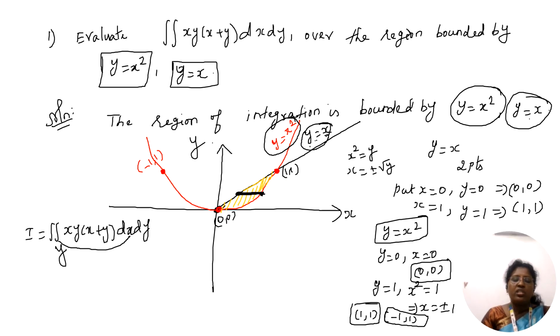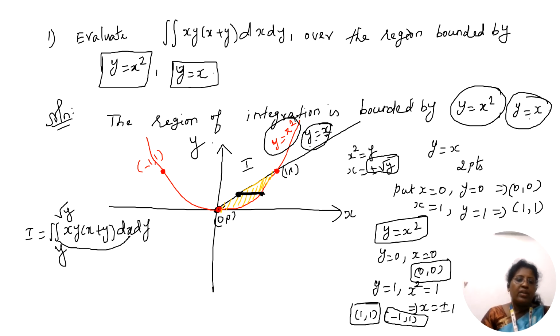But our region is in the first quadrant, and in the first quadrant all the values are positive, so take only the positive value. So x equal to root y. This will be the upper limit, root y. So y to root y: the left end of the horizontal strip gives the lower limit and the right end gives the upper limit. So we got the inner integral limits.